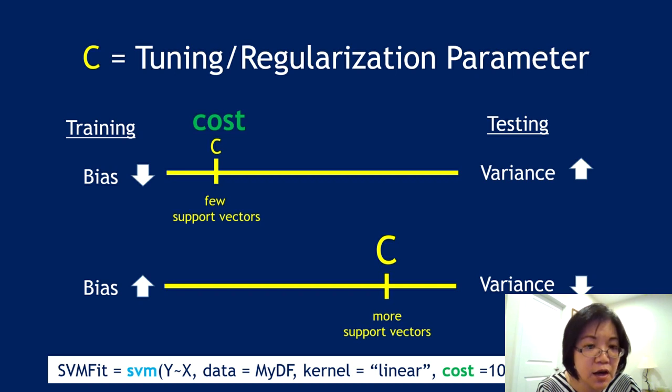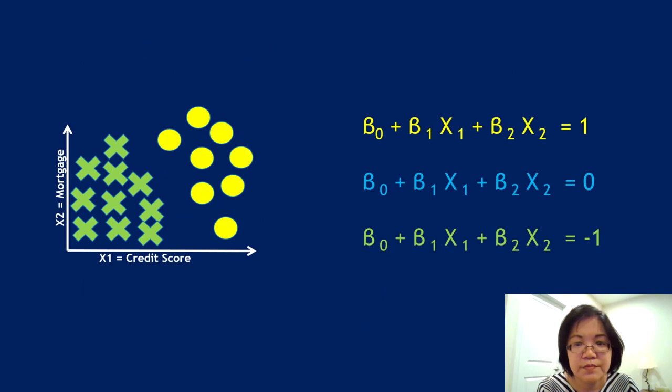So when you have a big cost value, that means you have a very small C. Whereas when you have a small cost value, that means you're more lenient, you actually get a wider margin and more support vectors. So smaller cost means bigger C. Bigger cost means smaller C. This is a little tricky, so I want to make sure that you're aware of this very particular design of the SVM function in R.